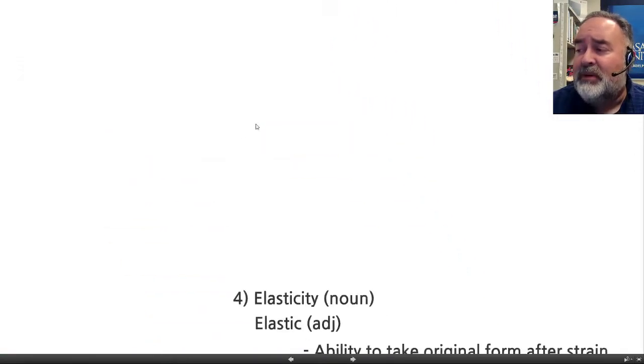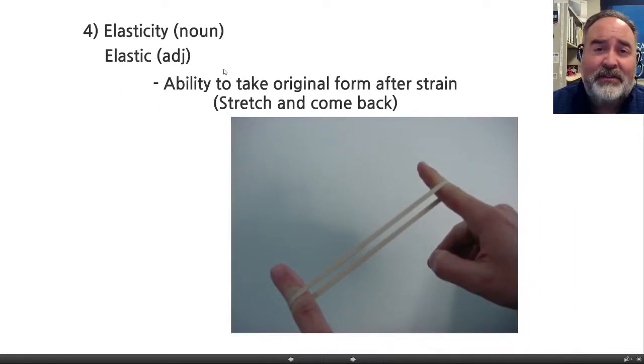Down here, we have the ability to go back to the original form after it has been strained. The typical example is a rubber band. We take this rubber band, we stretch it out, and then it snaps back, or we can very slowly put it back. That is an elastic property, or it's displaying elasticity.